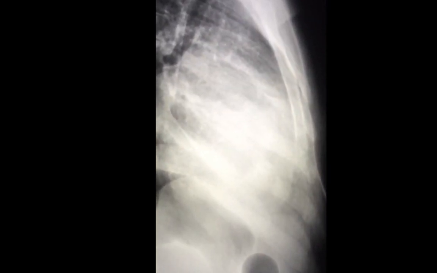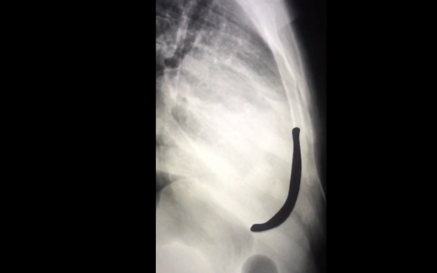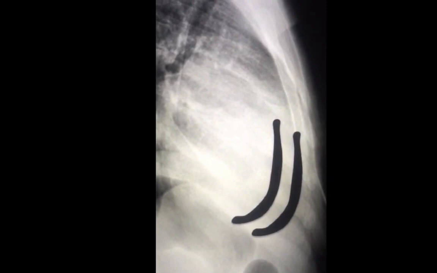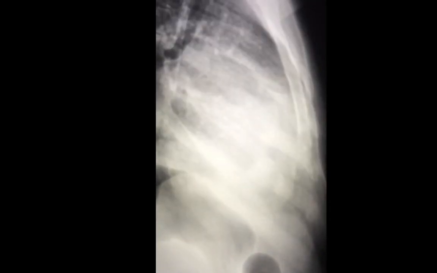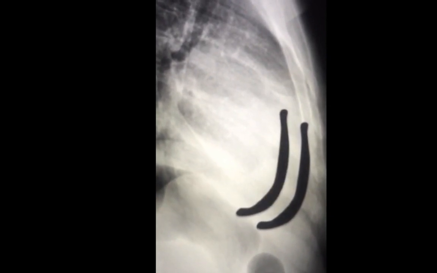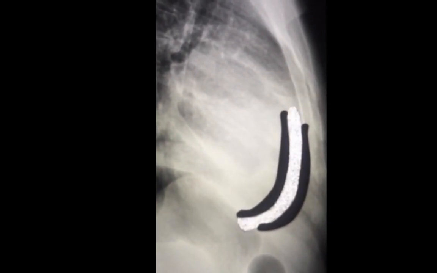Go over these two lucencies again, this here and that there. These lucencies are consistent with fat on a chest radiograph. This is the outer pericardial fat and this is the inner epicardial fat surrounding thickened pericardium.